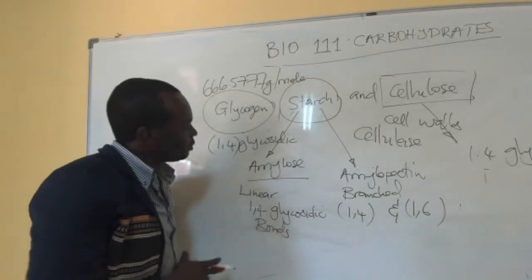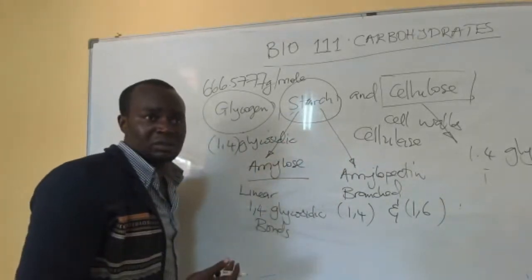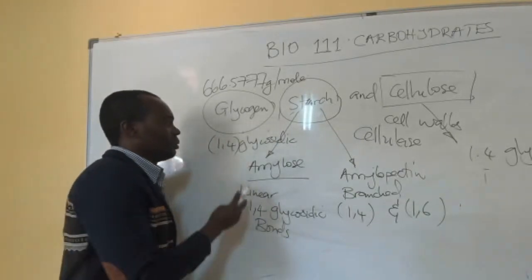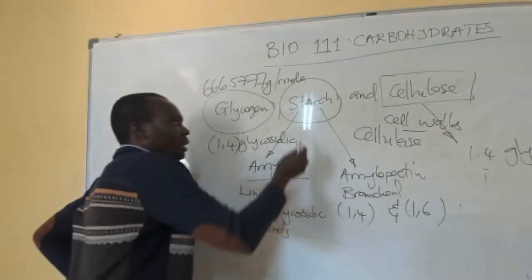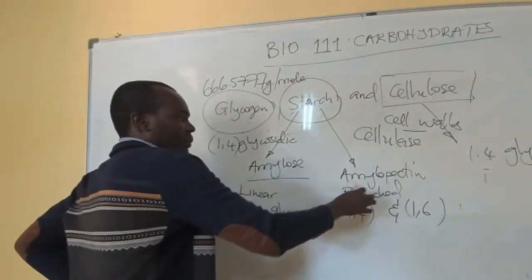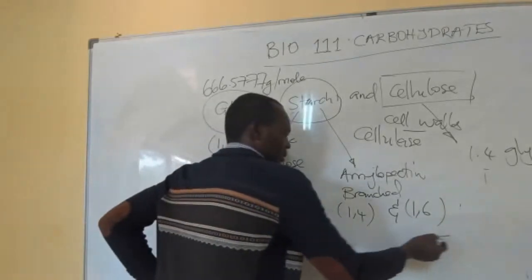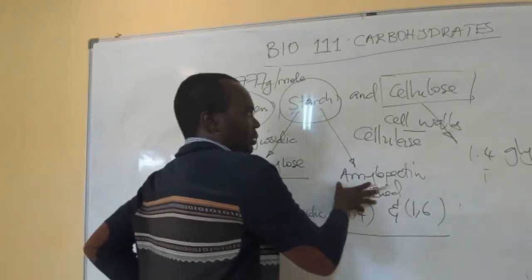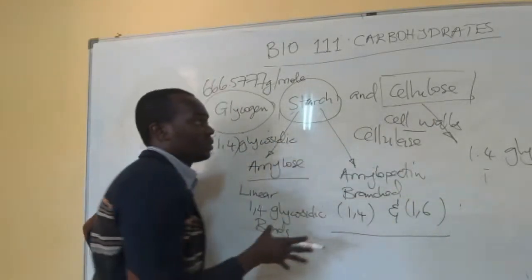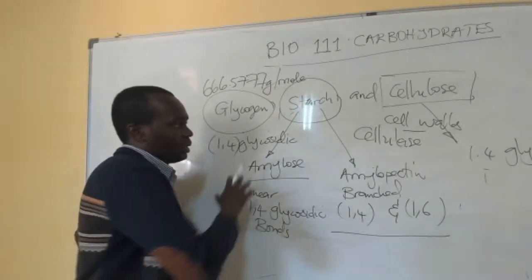You can differentiate these three based on function and structure. Cellulose is linear, whereas starch, when you're talking about amylopectin, is branched. So in terms of branching, amylopectin is branched, whereas cellulose is not branched. Glycogen, likewise, is not branched. So that's a common difference.